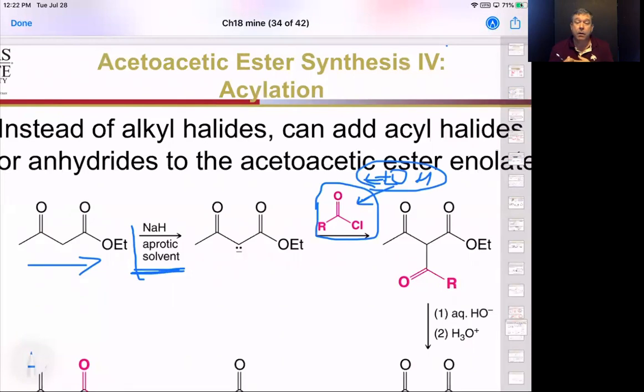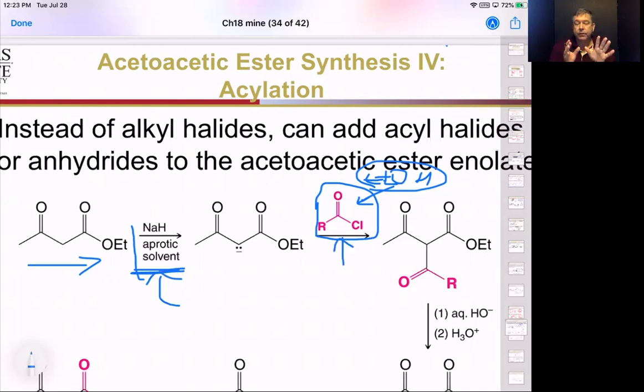That means no alcohols, no carboxylic acids, no water, okay? All of those will react with the acyl halide and it will not do the substitution reaction. So think of solvents like toluene and THF and ethers, things that aren't going to have water that'll hydrolyze our acyl halide here.